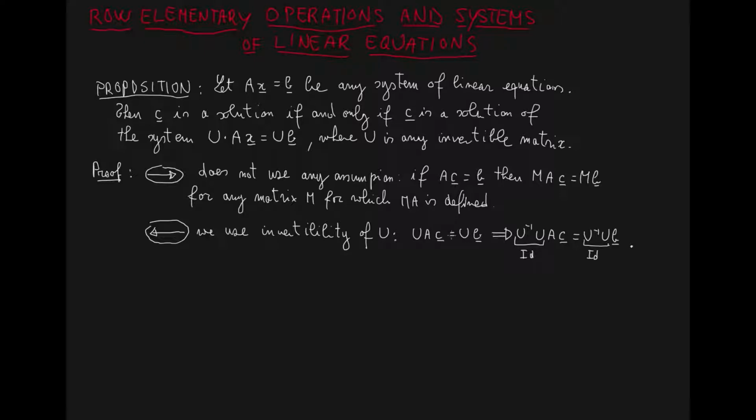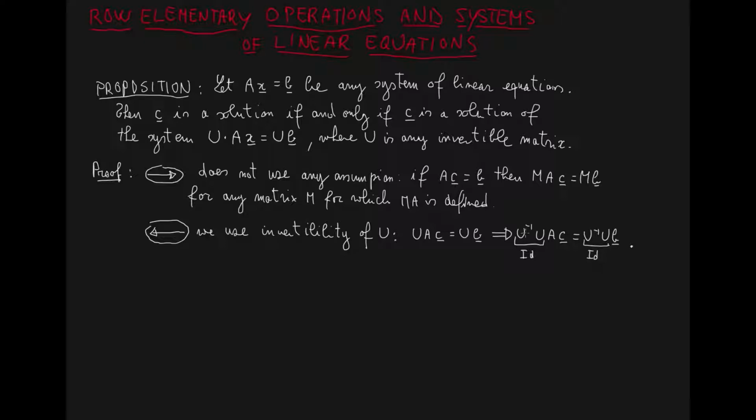Now, if you multiply both sides of the equation on the left by U inverse, which exists by assumption, we get the desired equality by exactly the same statement that we used in the previous implication: we just multiply the system by a matrix on the left, in this case U inverse.